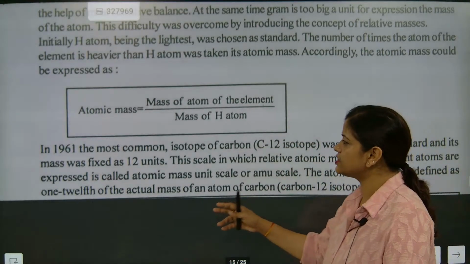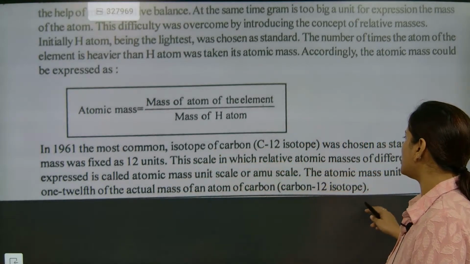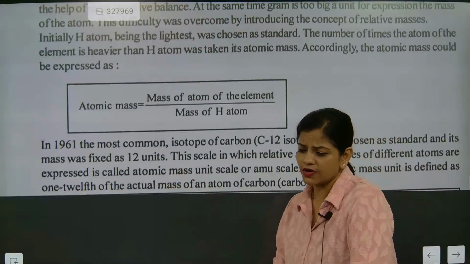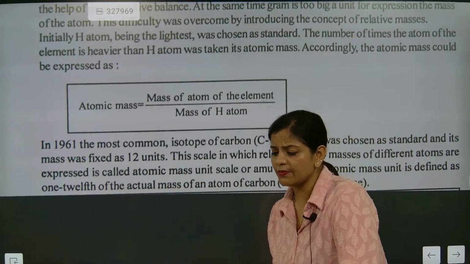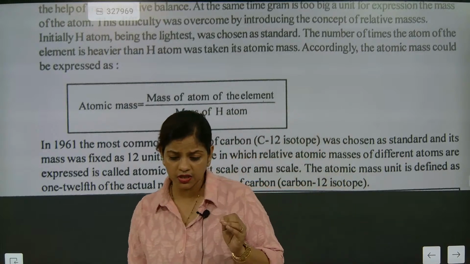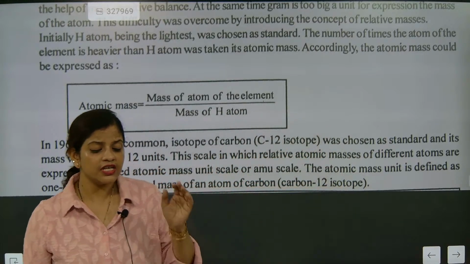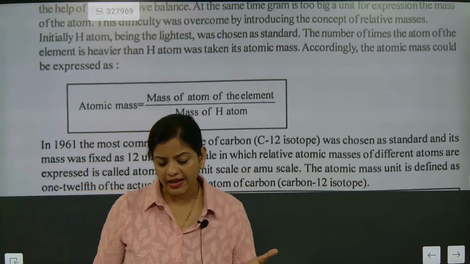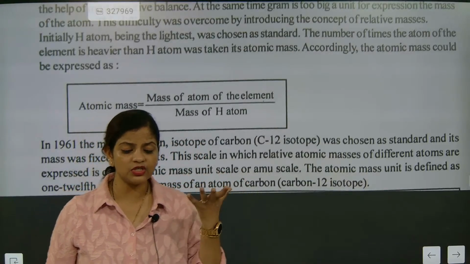So in 1961, the most common isotope of carbon was chosen as the standard, with its mass fixed as 12 units. Since the atomic mass of hydrogen was very small, the comparison or relativeness was not coming out accurate.